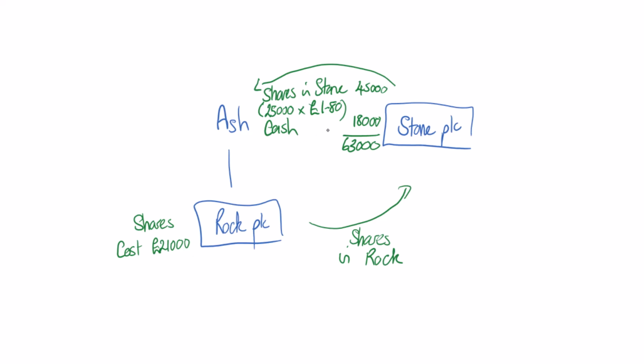But for the cash, the £18,000 that's received, we're going to treat that essentially like a part disposal of those original shares. So the rest of the cost of the shares is going to be apportioned and deducted from the cash to work out an immediate gain. So the gain is going to be the £18,000 of cash less part of that cost of £21,000.